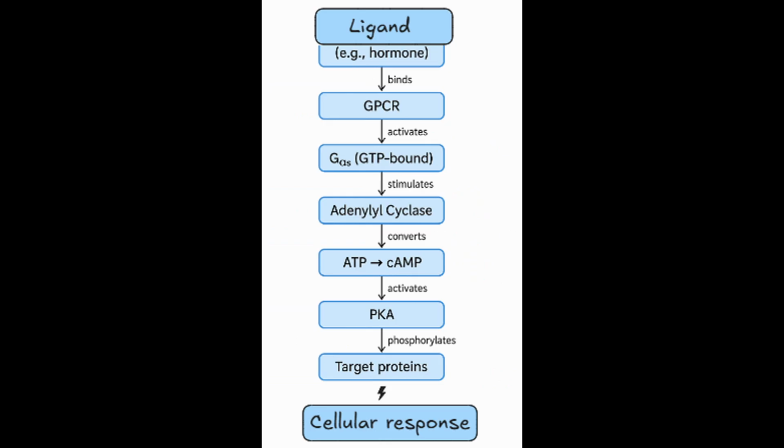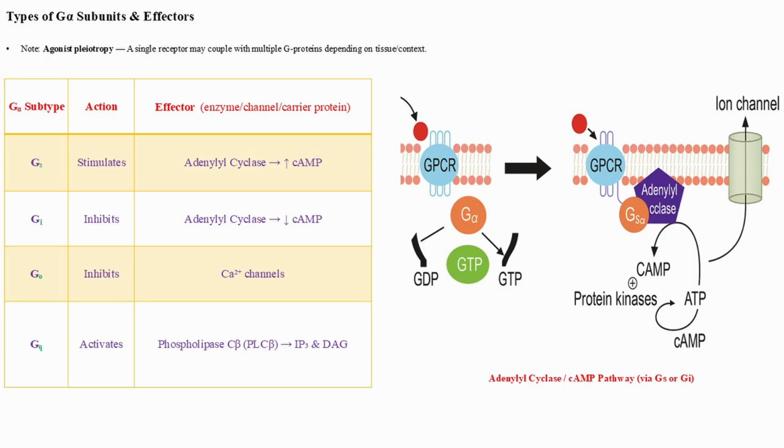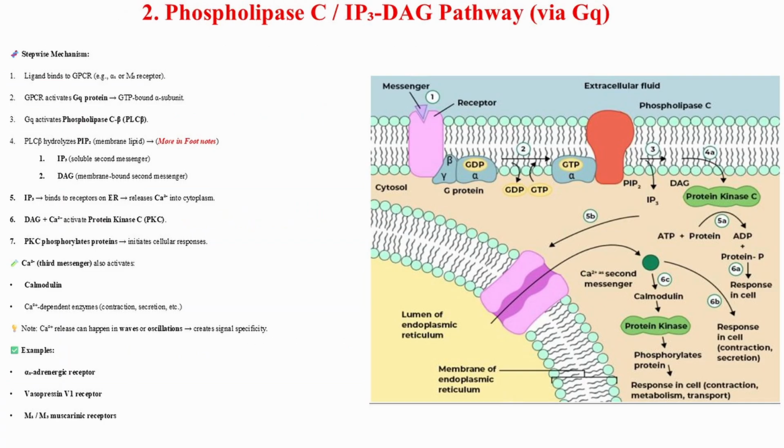It works by activation of a power cascade. What happens exactly is alpha Gq activates phospholipase C beta, which generates two powerful secondary messengers. One is IP3 and the second one is DAG. IP3 here increases the intracellular calcium levels, boosting contraction and secretions.